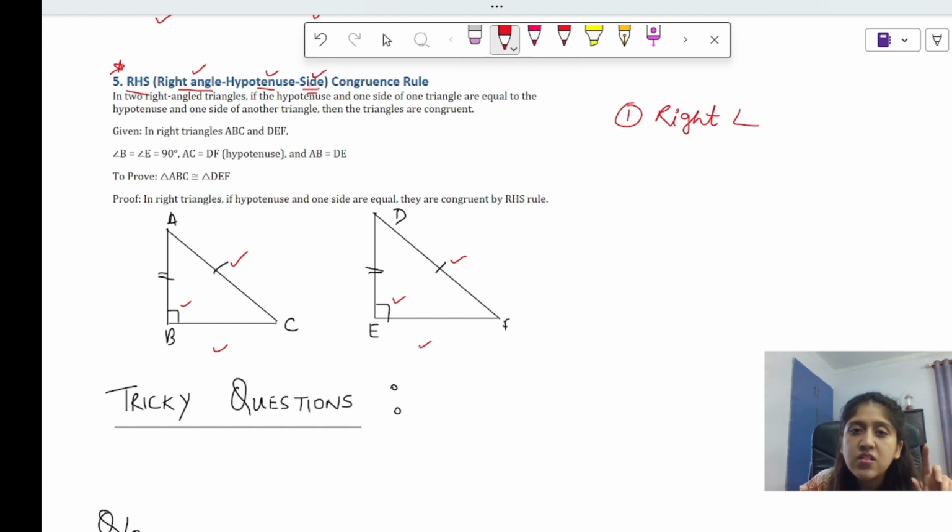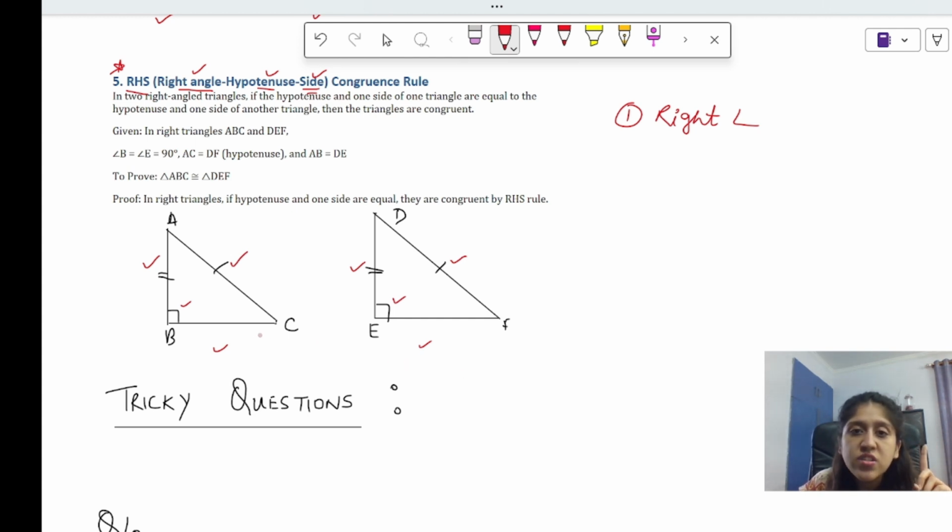Okay? So, side is a perpendicular. Okay? मतलब ऐसा side which is connected to my hypotenuse also and my angle also. Okay? So, I have taken AB and DE. Okay? ऐसे ही it could also be, if you have a doubt, it could also be BC equal to EF. That is also correct. क्यों?